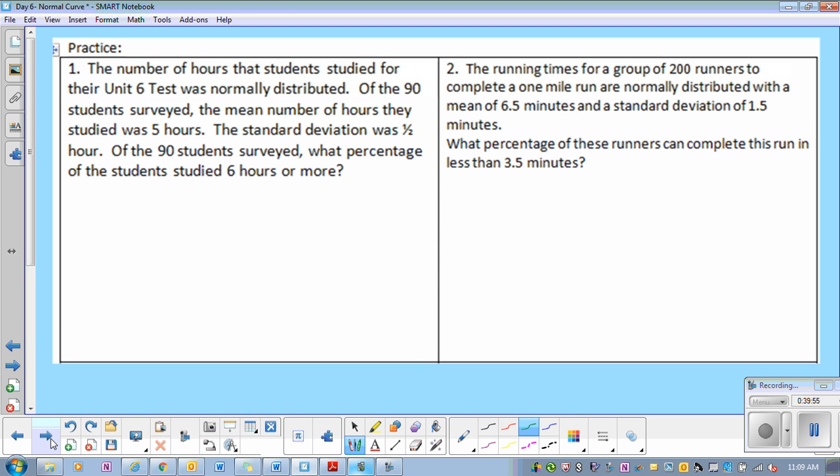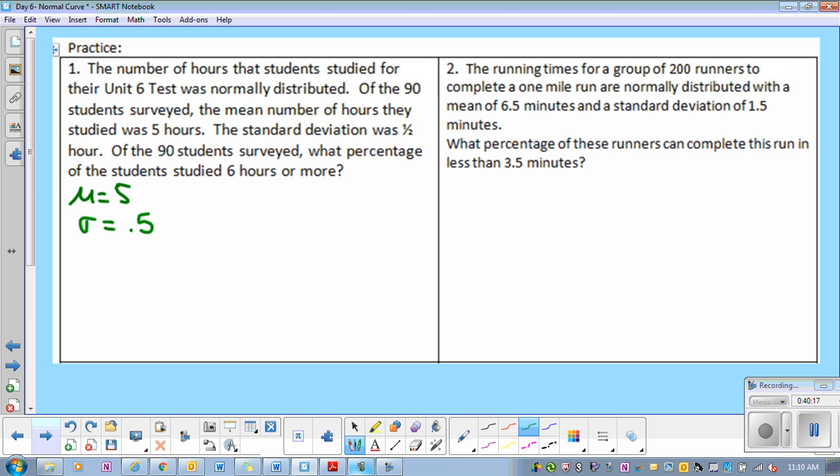The number of hours that students studied for their Unit 6 test was normally distributed. So apparently they asked 90 students, and out of the 90 they asked, the mean number of hours they studied was 5, and the standard deviation was a half hour, so 0.5.